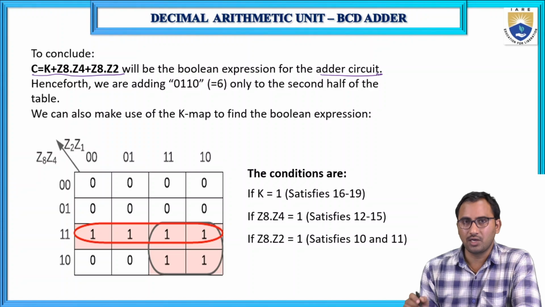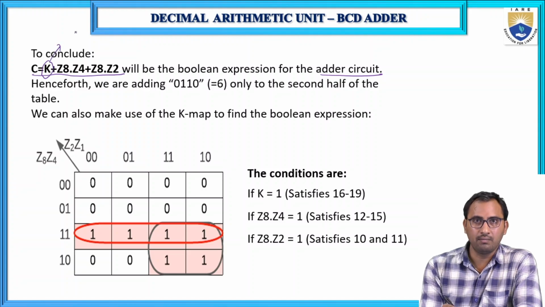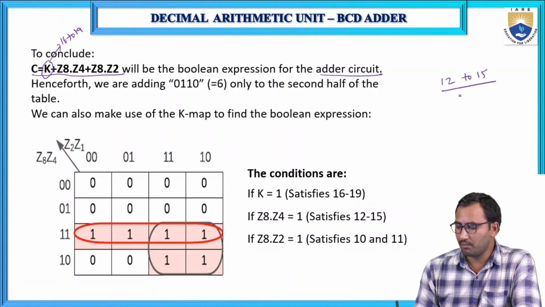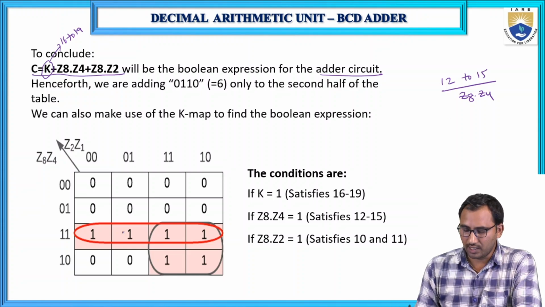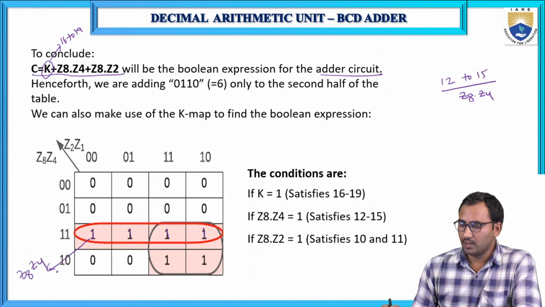So K is directly covered from 16 to 19. 12 to 15 will be covered by Z8, Z4, using a K-map where all ones are grouped.